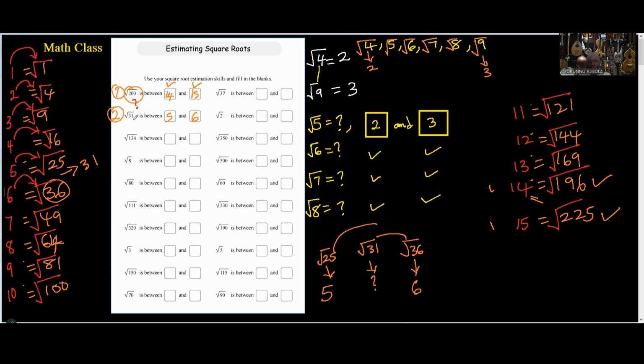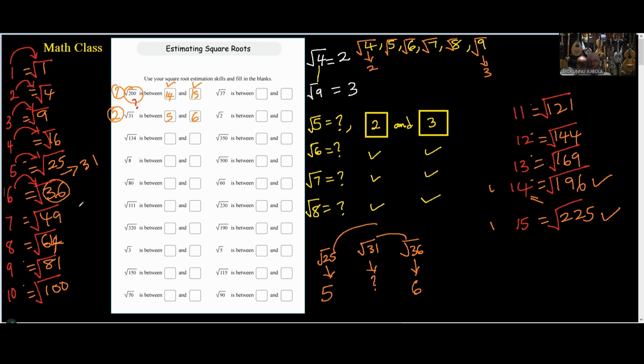Then look at the second one. We're looking for where square root of 31 is going to be. Okay? I can't hear you. Unmute yourself and talk. Yes, sir. So I said we're looking for square root of 31. So where should 31 be? Between which two numbers?